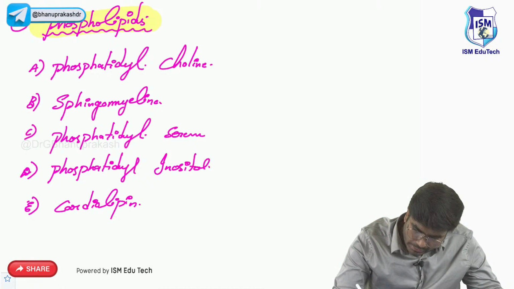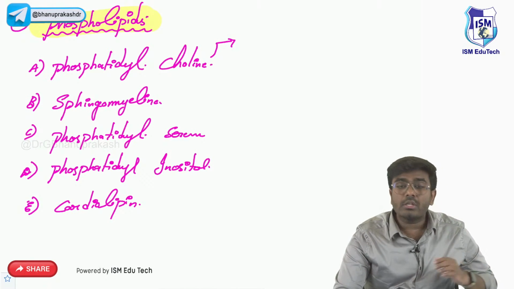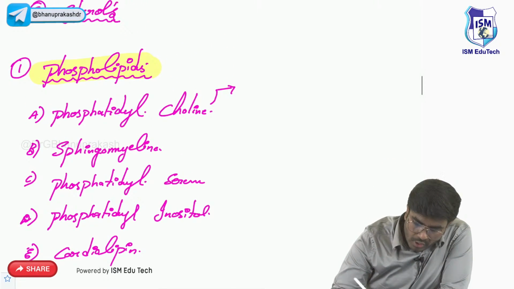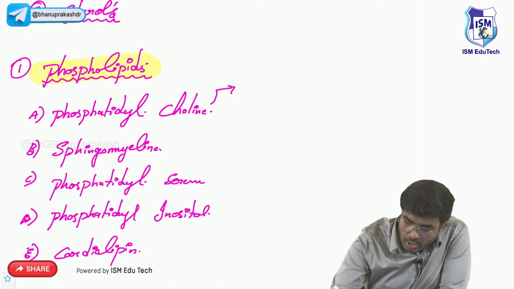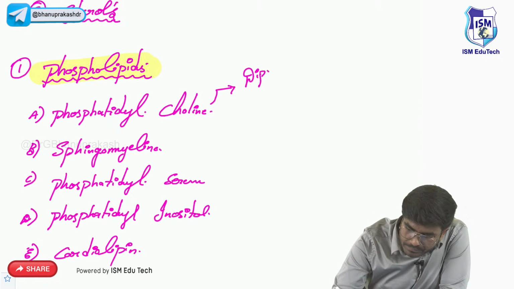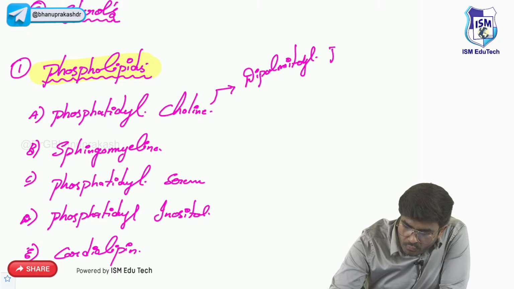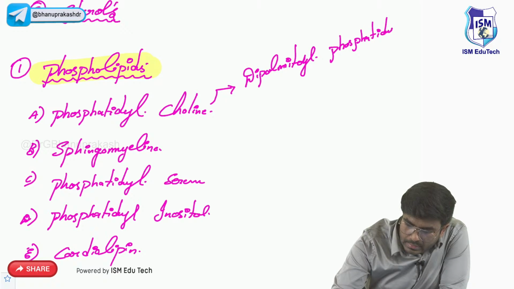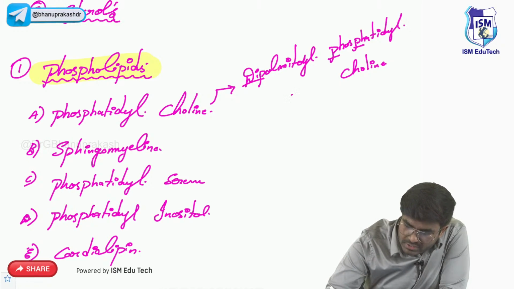What you need to know regarding phosphatidylcholine. Very important, phosphatidylcholine is also called dipalmitoyl phosphatidylcholine, which is also called DPPC.